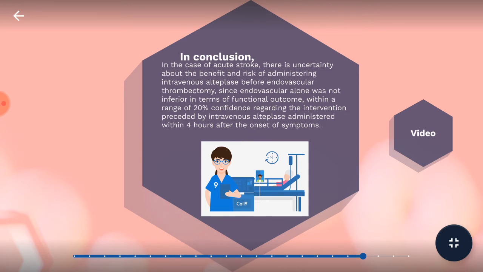Endovascular thrombectomy alone was not inferior in determining the functional outcome, with a 95% confidence interval regarding the intervention, compared with intravenous Alteplase administered within 4 hours after the onset of symptoms.